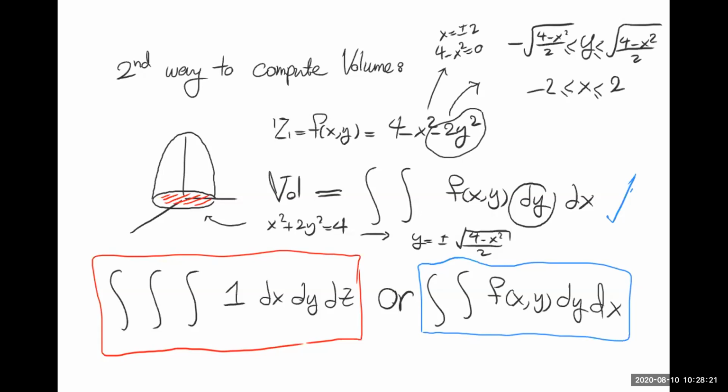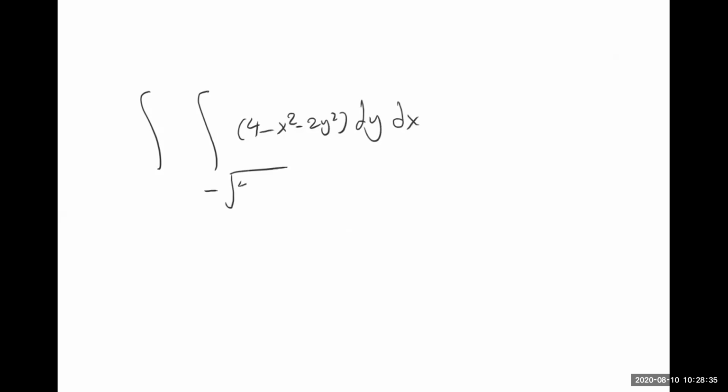So the integral would be the double integral of f of x and y, which is 4 minus x squared minus 2y squared, dy dx. Bounds for y are minus the square root of (4 minus x squared) over 2 up to the square root of (4 minus x squared) over 2. The bounds for x are minus 2 to 2.